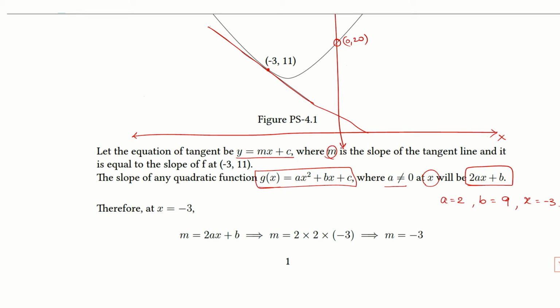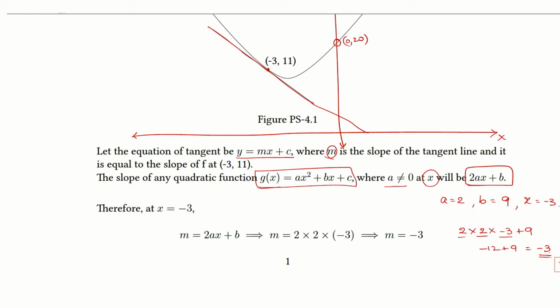Now if I calculate the slope of f at minus 3 comma 11, I will get 2 times a, which is 2, and x is minus 3, plus 9. So 2 times 2 times minus 3 gives me minus 12, plus 9, which gives me minus 3.